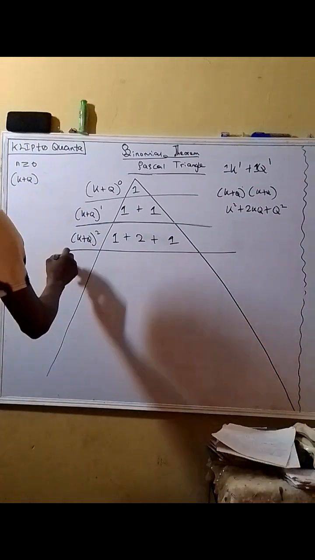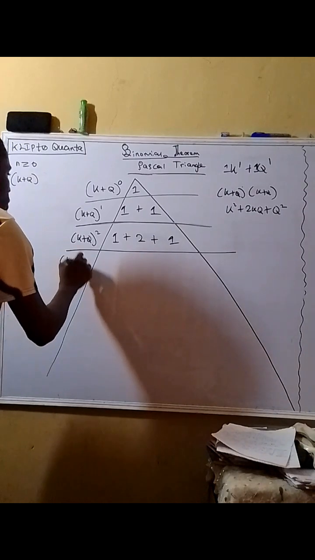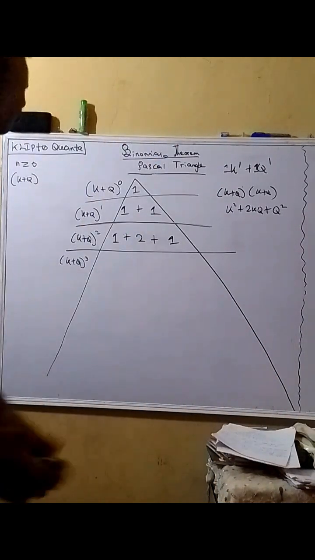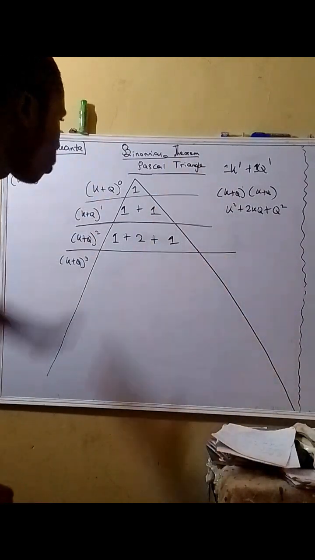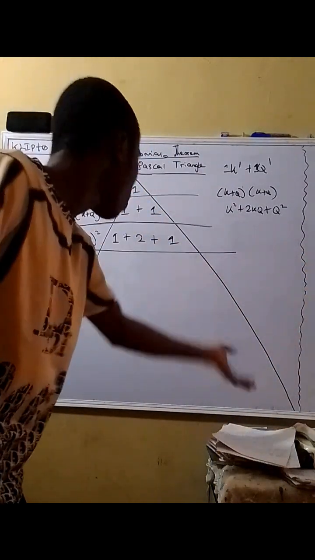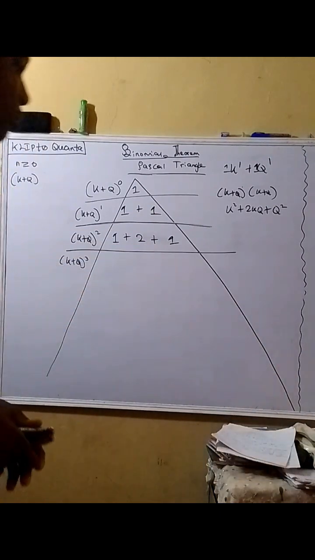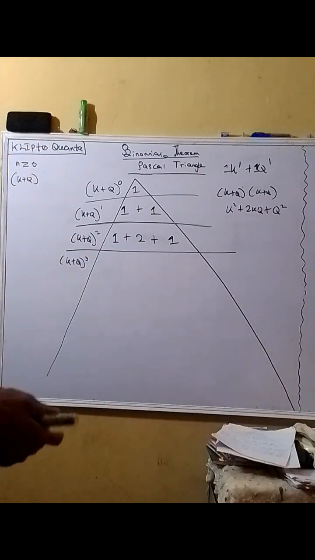So at this point, if you had to deal with k plus q raised to power 3, you would see that everything on this side will be 1, and everything on this side will also be 1. What we have to deal with now is how to get the middle values. There's a straightforward method to get the middle values. How do we do that?